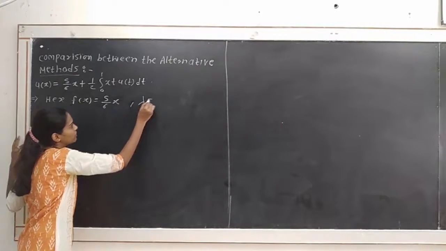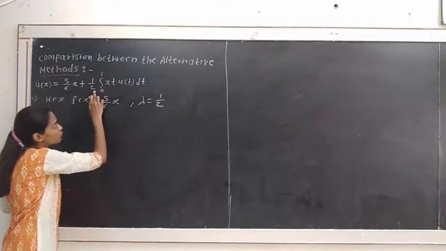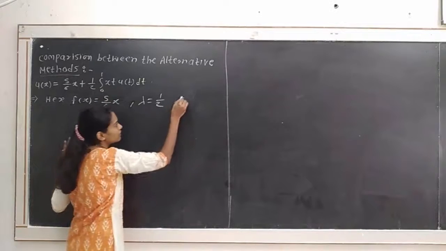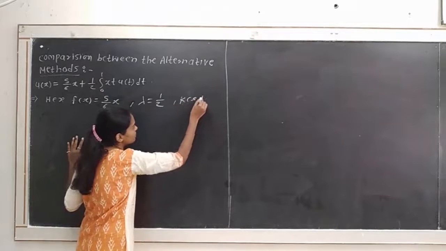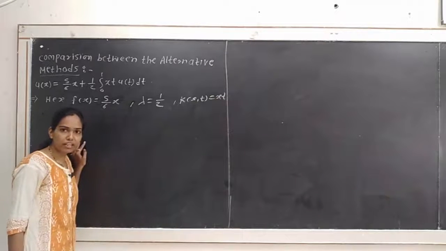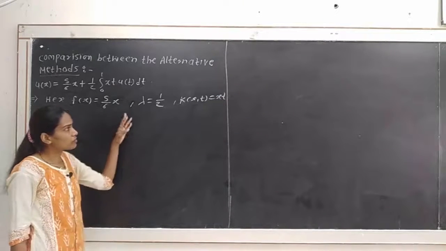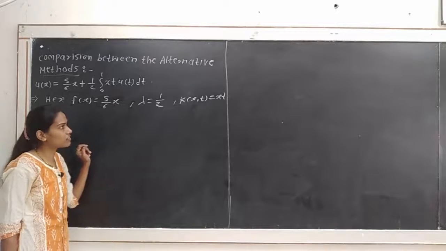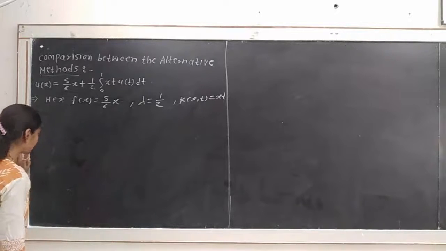Then lambda will be 1 divided by 2, the coefficient of the integral. Then the kernel k of x t will be equal to x into t, that is the separable kernel. So we solve this integral equation by using 5 alternative methods.